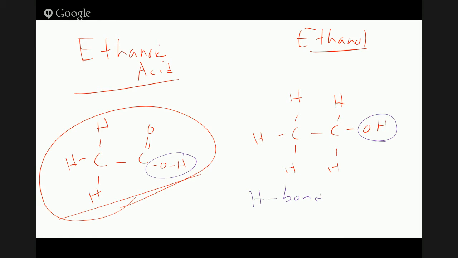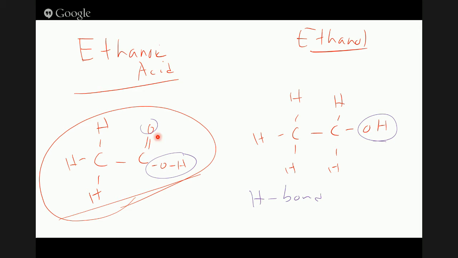Ethanoic acid actually has a slightly higher molar mass because of this oxygen, and that's going to increase the boiling point a little bit. But the other thing that's going to increase the boiling point is this carbon. So let me switch to the laser pointer. This carbon is going to be even more polarized because I have an oxygen bond here. Oxygen is very electronegative, so these electrons are going to be pulled towards this oxygen. These electrons are going to be pulled towards this oxygen.